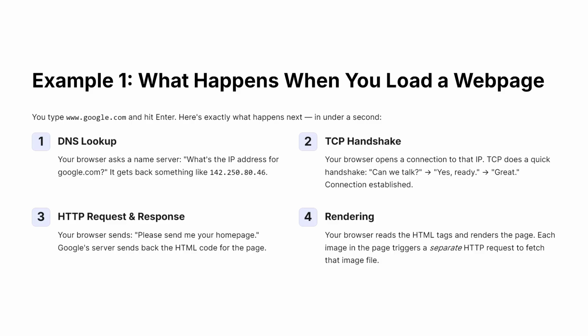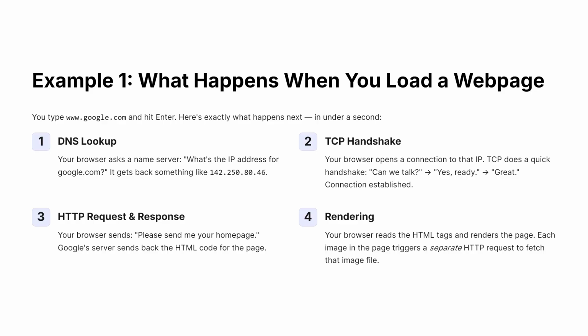A name server responds with the IP address, say 142.250.80.46. 3. Your browser opens a connection to that IP address. The transport layer uses TCP to establish this connection. It's a brief handshake. Can we talk? Yes? Ready? Great.